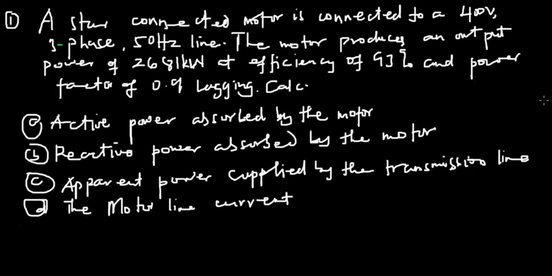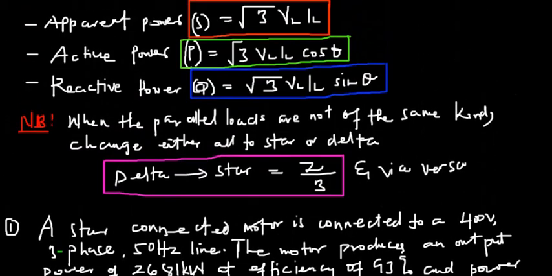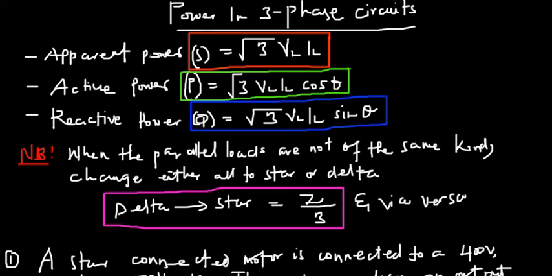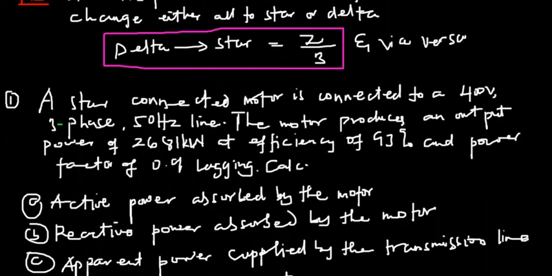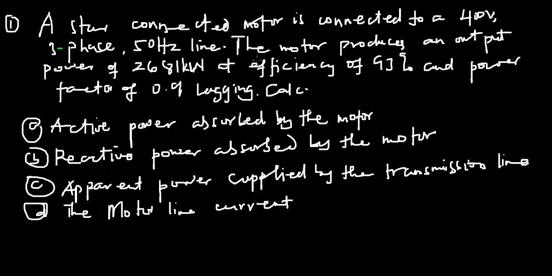One thing you need to know is that the only time you'll be using these formulas is when the question requires a line calculation. I'll elaborate on that. The motor produces an output power of 2681 kilowatts at an efficiency of 93% and a power factor of 0.9 lagging.